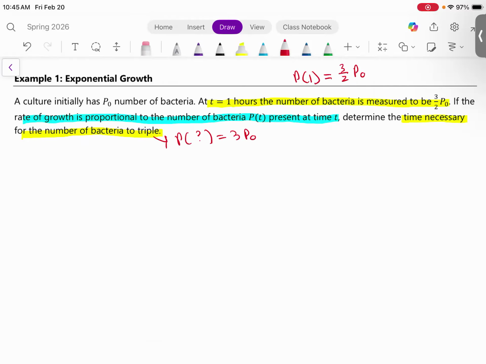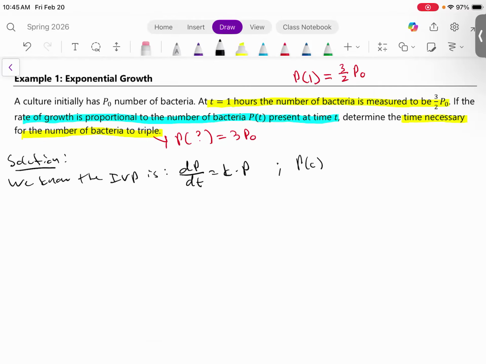Okay, so we know we're dealing with population and exponential growth. So let's go ahead and use what we know about this model. So solution, let's set this up. The initial value problem for this situation is dP over dt equals k times P, and that at time 0, we have our initial population.